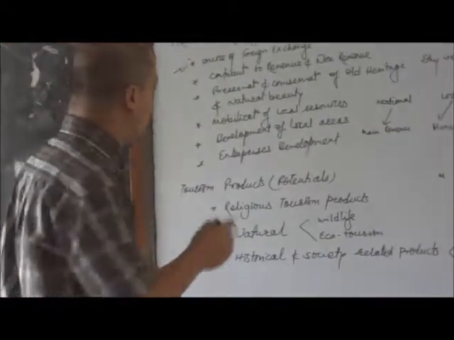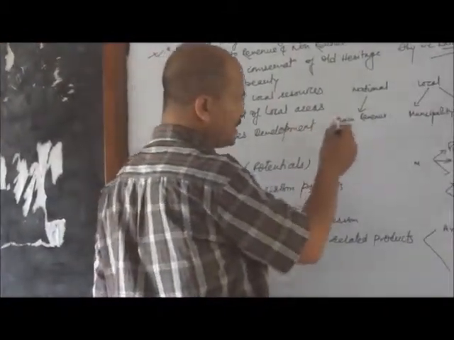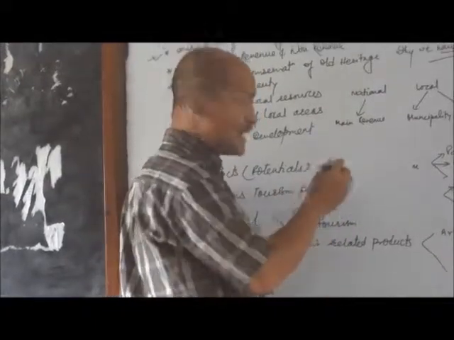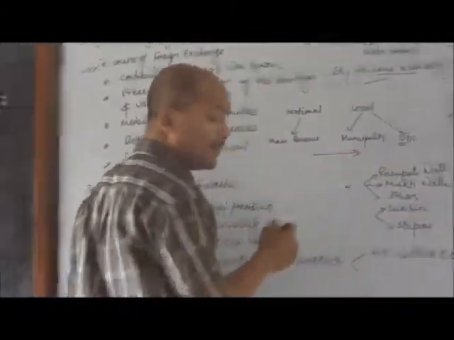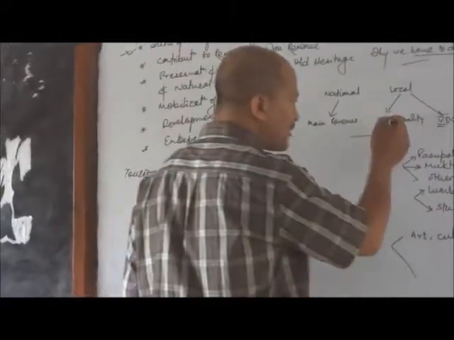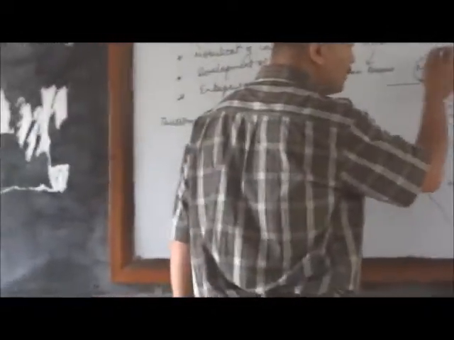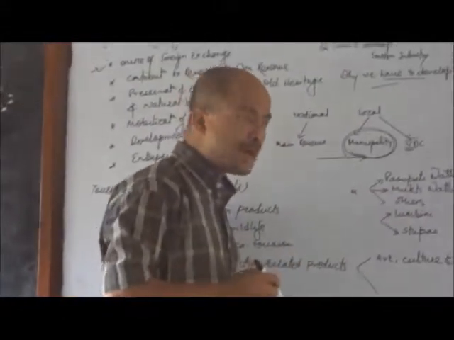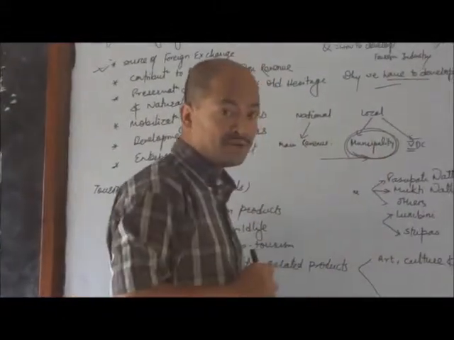If we observe the tourism industry, travelers who travel to the local area have to pay certain charges, and that becomes a source for the municipality and the village development committee.